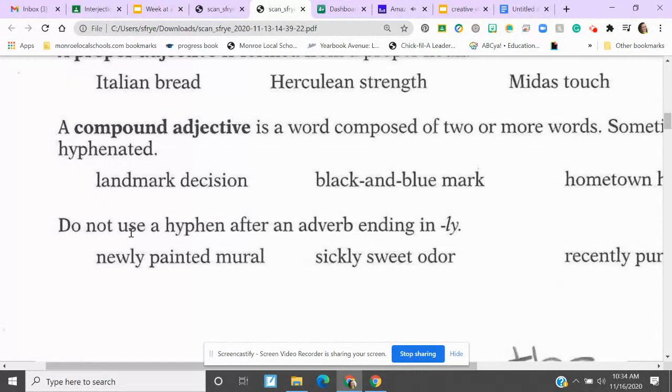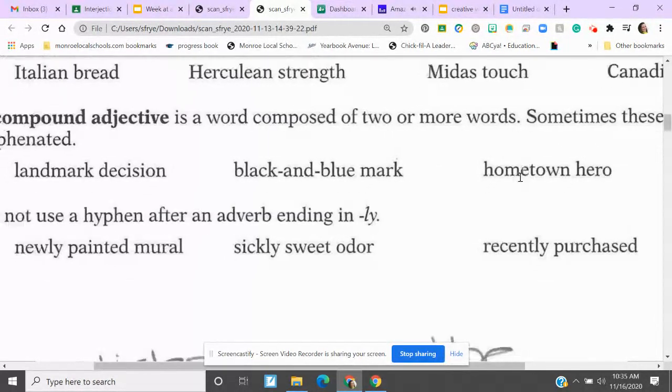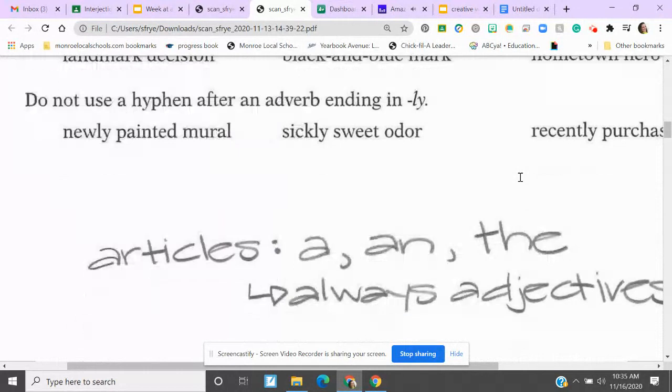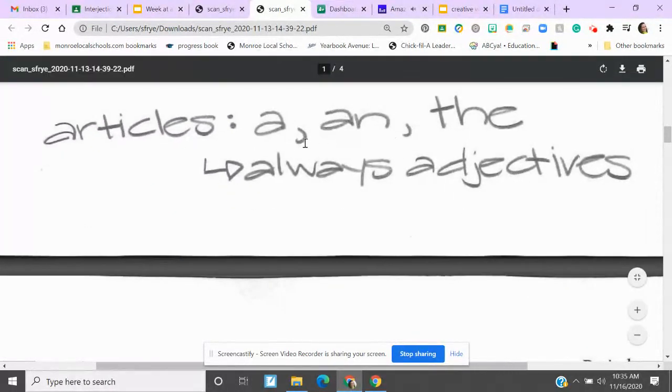We do have compound adjectives too, which are just like compound nouns, where they're two words put together. Hometown is one word and it's describing hero, so this is an adjective. We also have these things, which are called articles. The words a, an, and the are always, always, always adjectives.